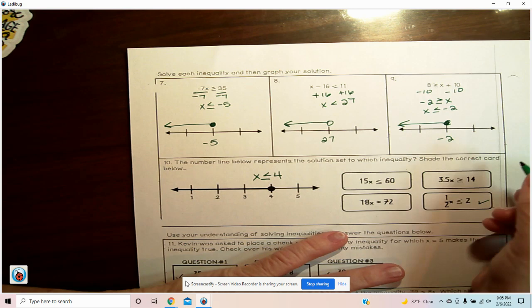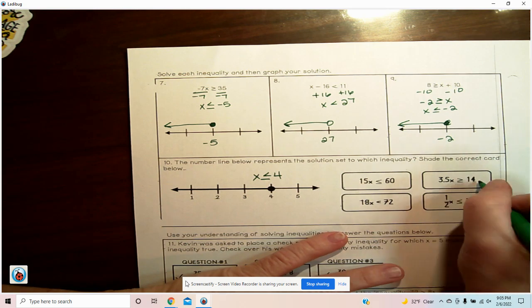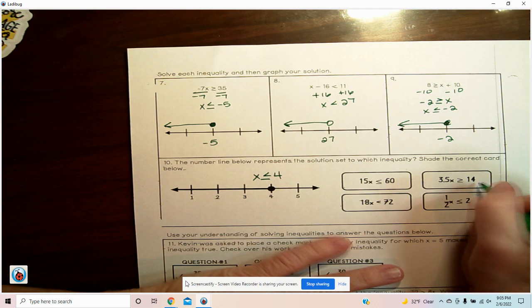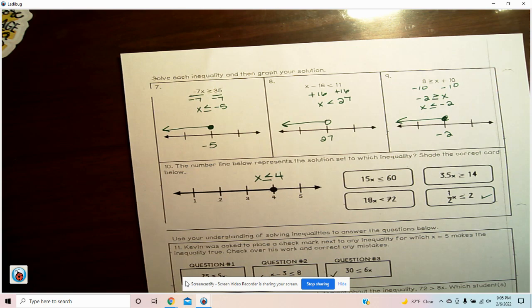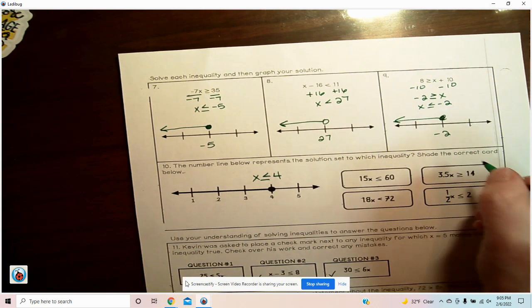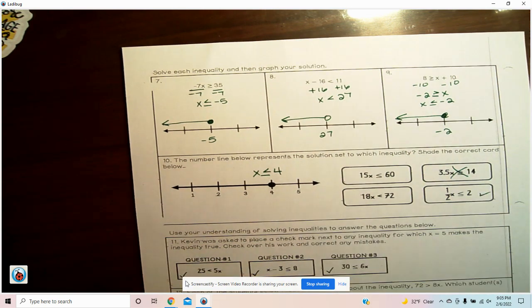That one is yes. 14 divided by 3.5, let me get my calculator. 14 divided by 3.5 is 4, but it's greater than, so it's not that one.